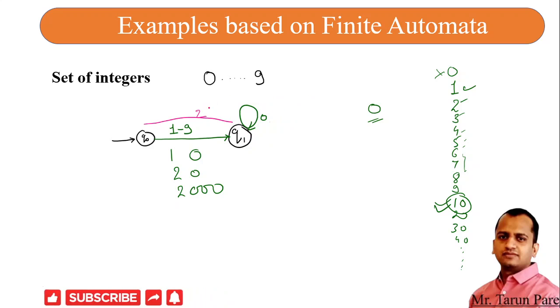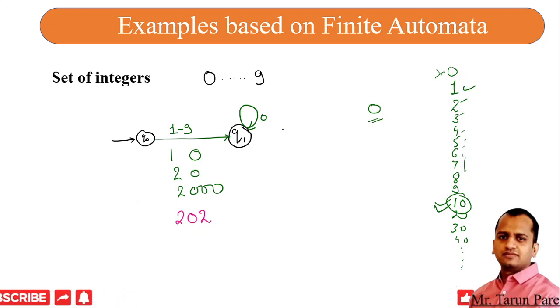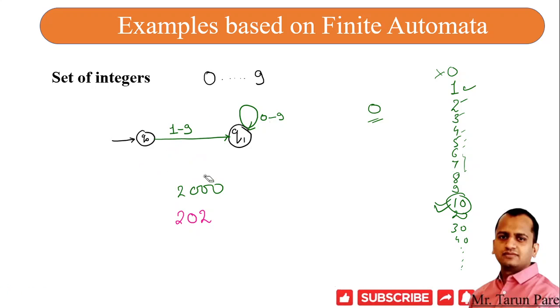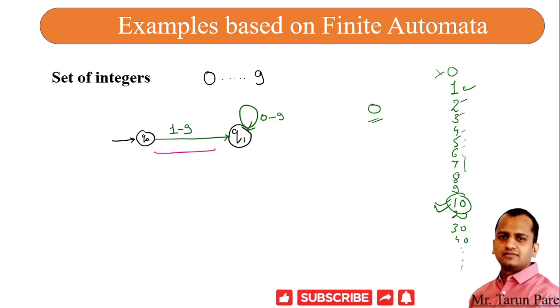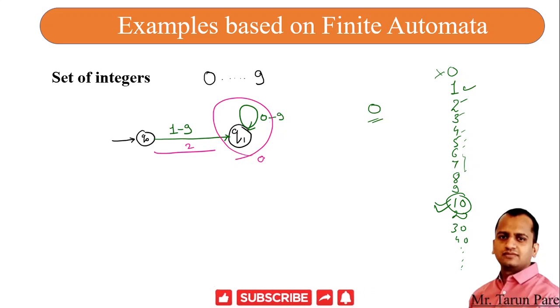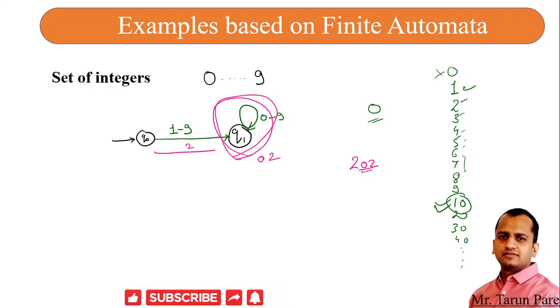Now what happens if you pass 202? How will you handle that? You can make the loop from 0 to 9 here. Now if you pass 202, how is it going to accept? From here you have passed 2, then from this loop the first time it will traverse 0, the second time it will traverse 2, so the string 202 is going to be accepted.